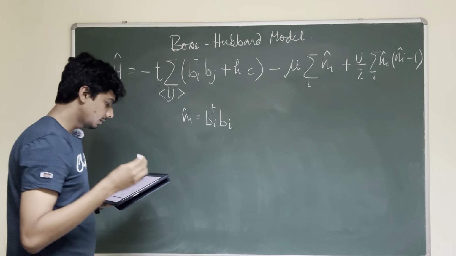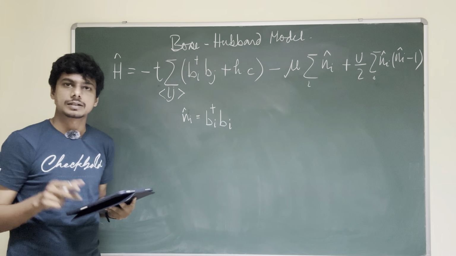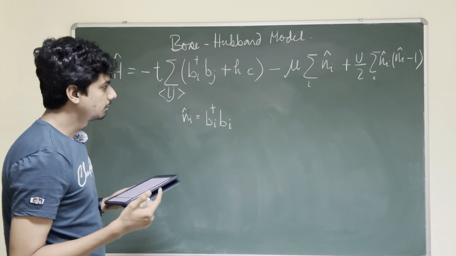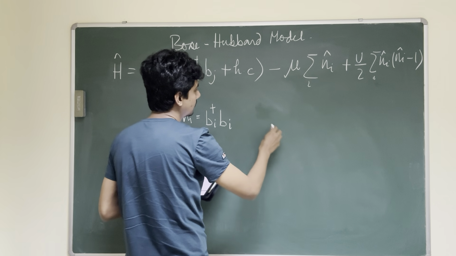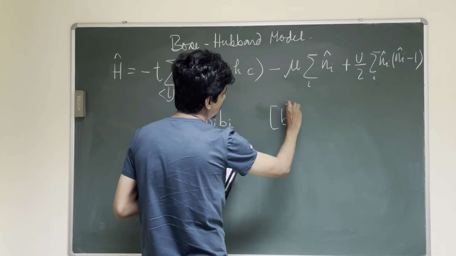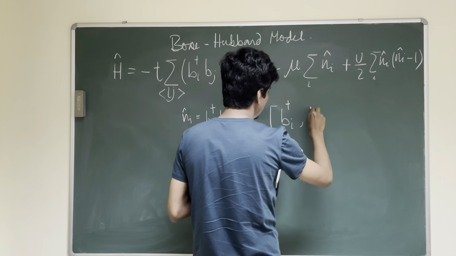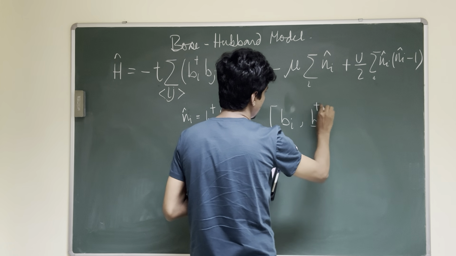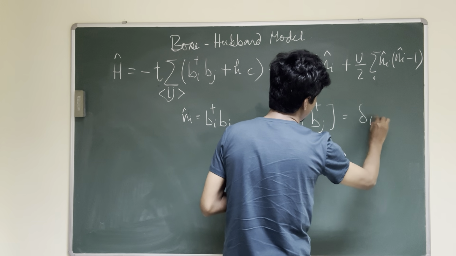and due to the bosons, we can write this occupation number density in terms of the creation and annihilation operators. So for bosons, mathematically the commutator of bi with bj dagger, I think it should be dagger, is trivially delta ij.